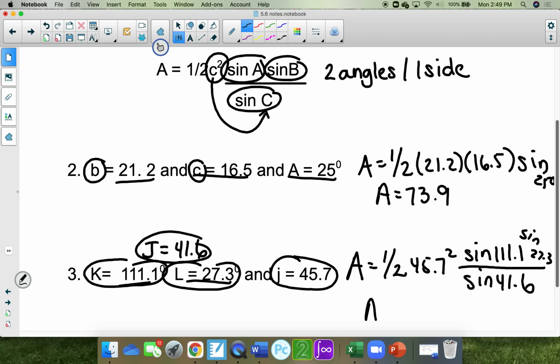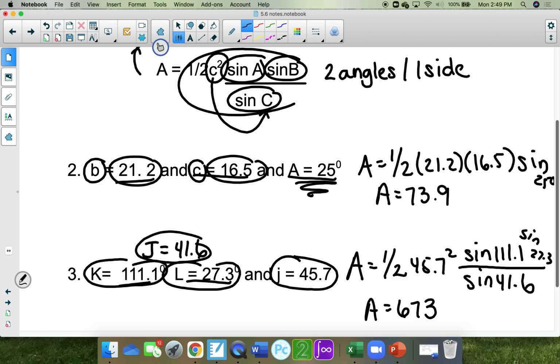The area is 673. Again, if they give you two sides and one of the angles, then you have to use this one up above. If they give you two angles, you can find the third angle to use this formula. And that's all the notes for 5.6.